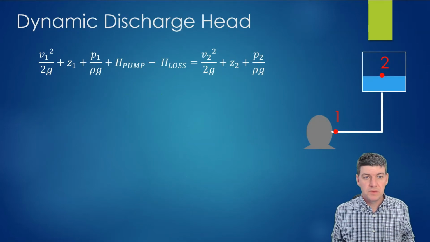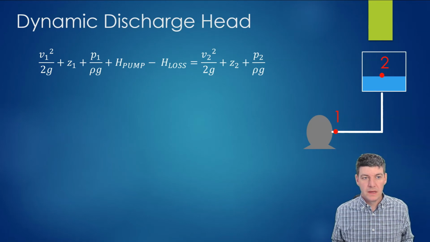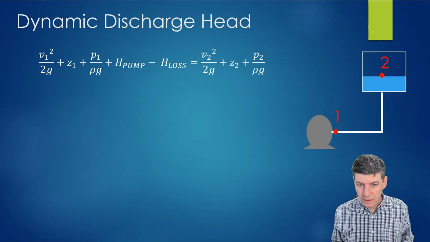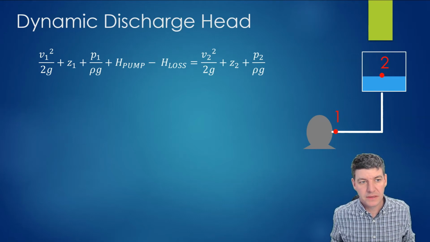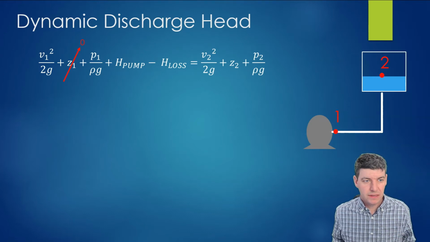So if we talk about our calculation to get our dynamic discharge head, let's start again at the same place we did before, Bernoulli's. So in this case, I have 1 at the outlet of the pump and 2 at the surface. And I can eliminate some of these terms. My height of my pump, Z, is going to be 0.